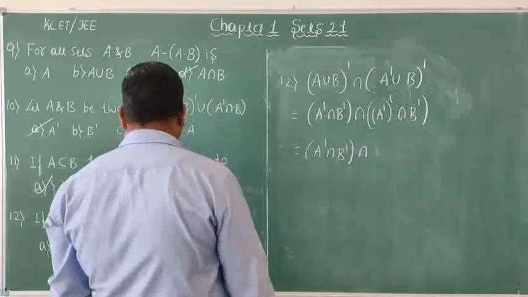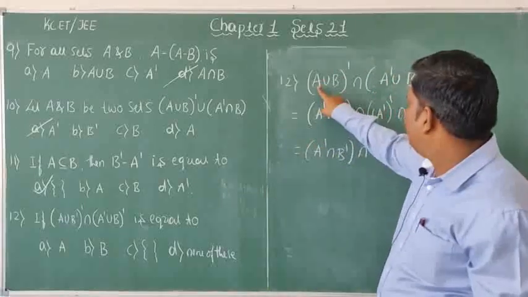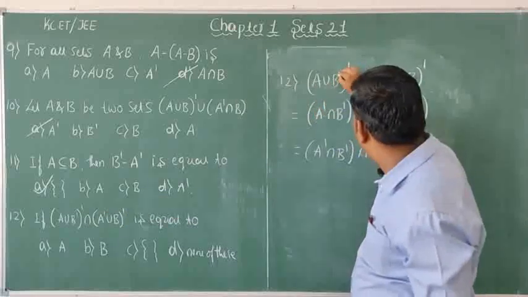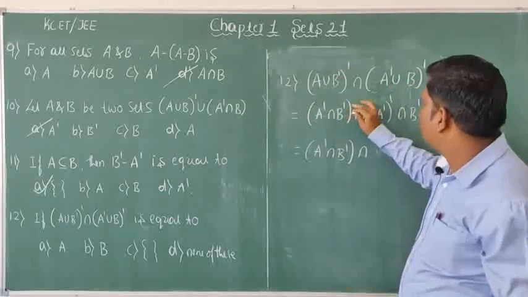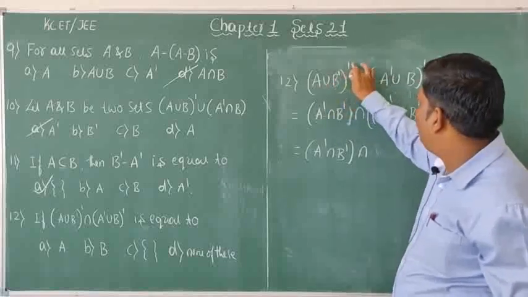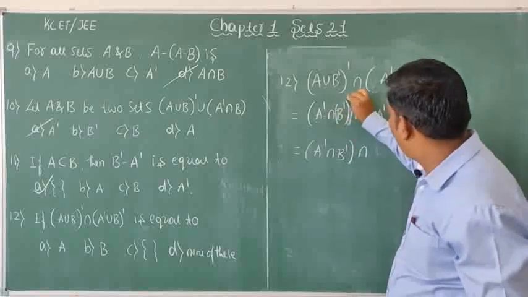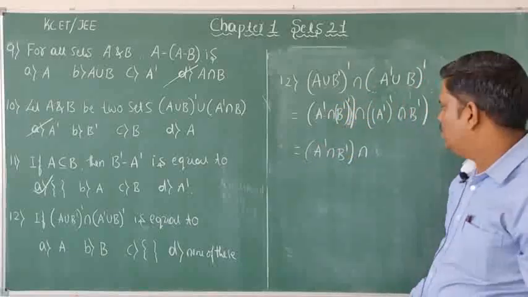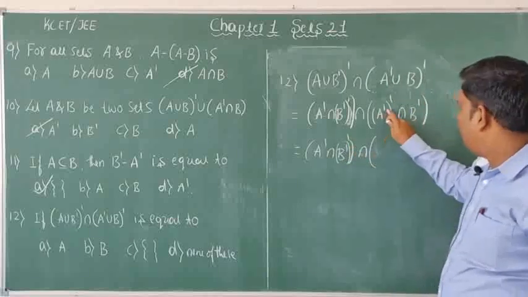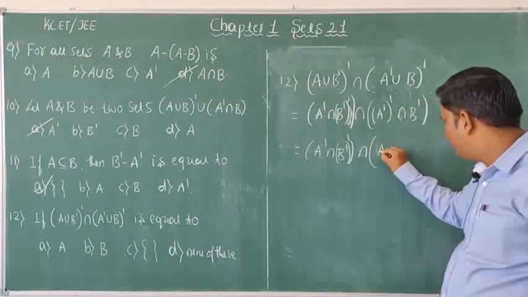Sorry, here B dash is given. A union B dash. So here A union B whole dash is A dash intersection B dash whole dash. Here B dash whole dash is B itself, and A dash whole dash is A itself.